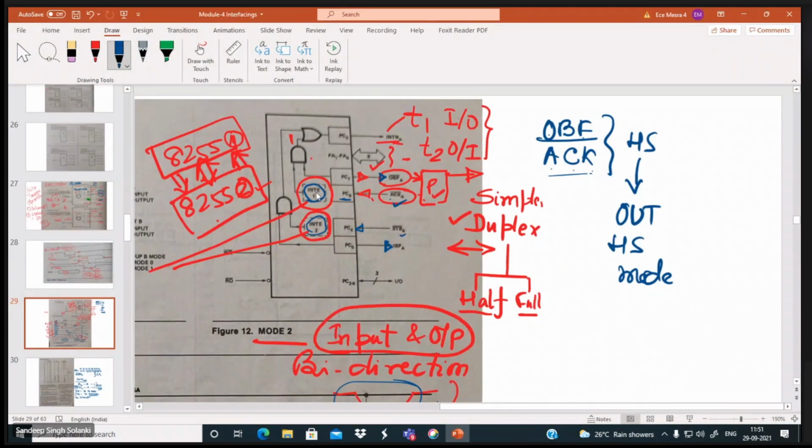The answer is that you have to make both of them enabled, and that is the reason both are enabled and INTR is being generated. And what I have written here is input output, output input, input output, output input. During T1 you might get INTR, during T2 also you might get INTR.